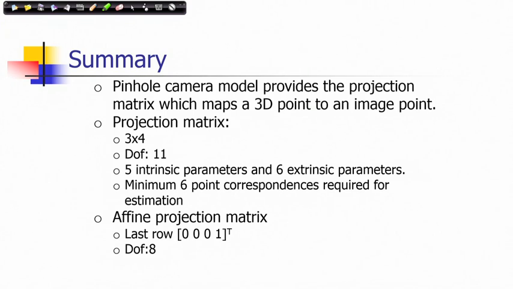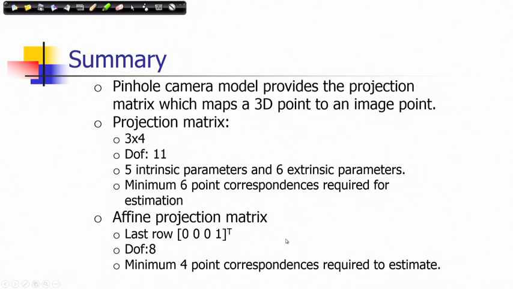If I take out these 4 elements from 12, it remains 8. So its degree of freedom, or independent parameters, is 8, and each point correspondence provides me 2 equations. So, we require a minimum of 4 point correspondences to estimate this affine projection matrix.